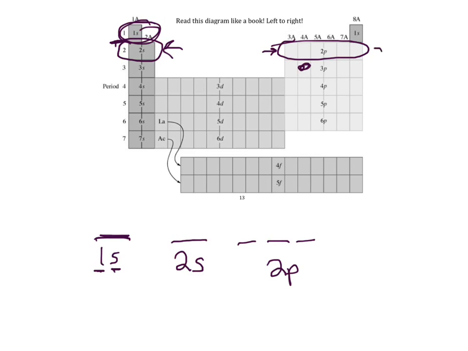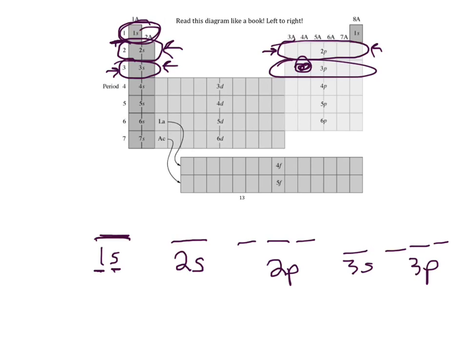After the 2p comes the 3s, and then after this comes the 3p. And we actually are going to stop right there because silicon is in the 3p, so we only need to go to the 3p.